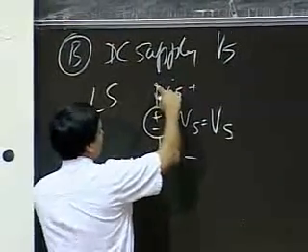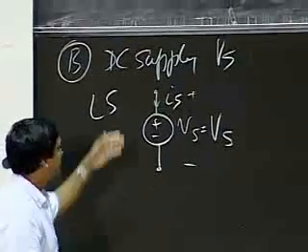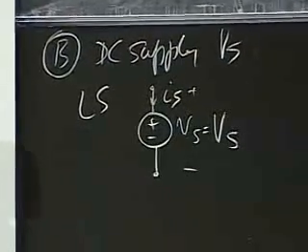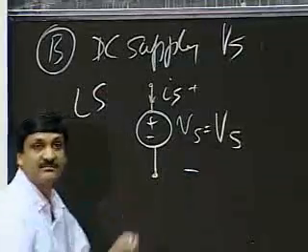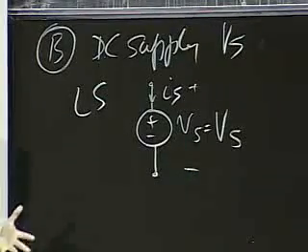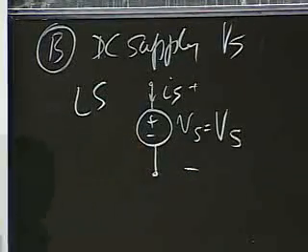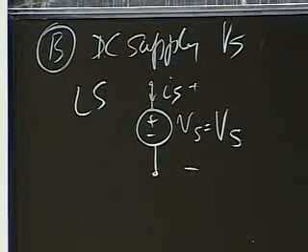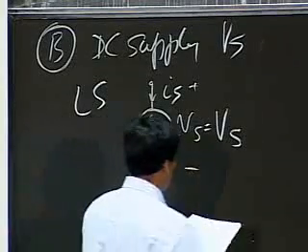If I change the current flowing through it by a small amount, the output is still going to be held at Vs. Small signals are simply going to scoot through this voltage source without having any impact whatsoever on the voltage.